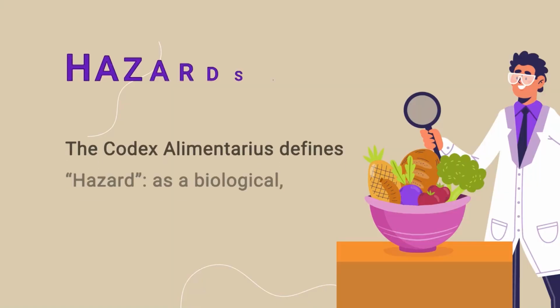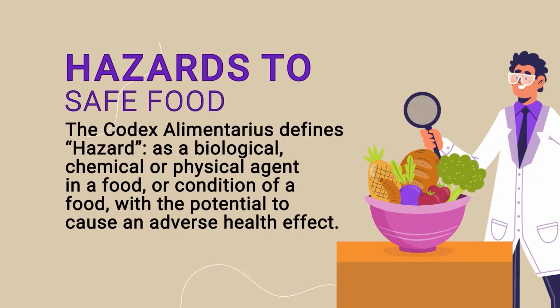Now, we come to the second aspect, that is, hazards to safe food. The first question is, what are hazards? Codex defines a hazard as a biological, chemical, or physical agent in a food, or a condition of food, with the potential to cause an adverse health effect.